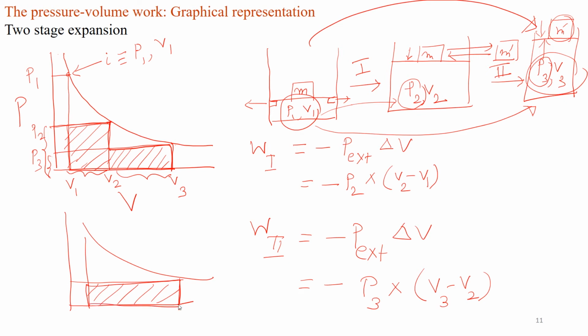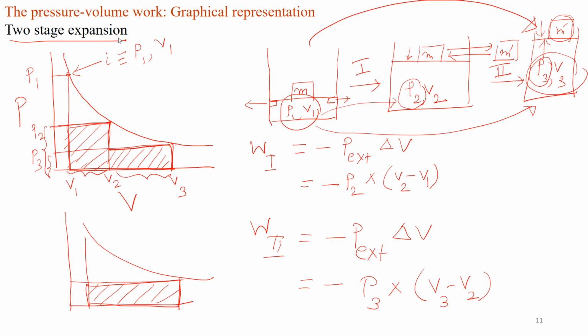So we see here that for a two-stage expansion we get more work than a single stage expansion, which is great, which means that we can increase the number of steps to get more and more work.